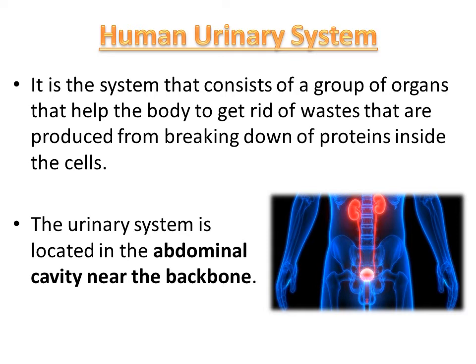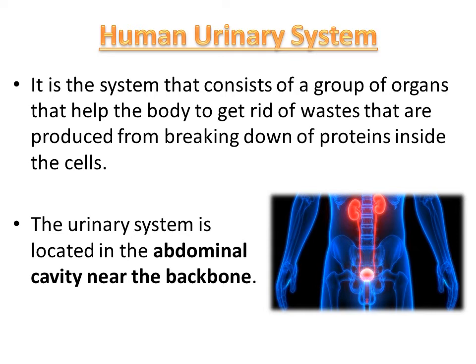Does this include the solid and the liquid? No, you are only talking about the liquid waste, not the solid one. As we said before, the solid is removed by the digestive system. So we are talking about the wastes that are dissolved in water, wastes that are changed into liquid and removed outside the body in the form of this yellow liquid.